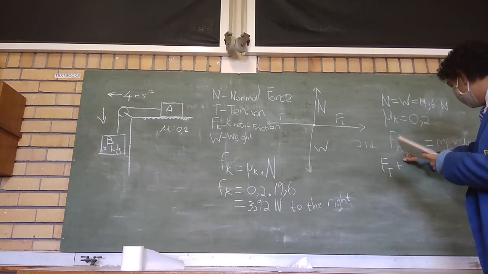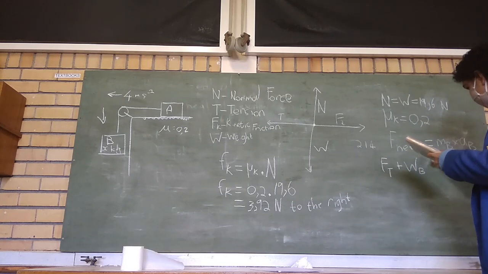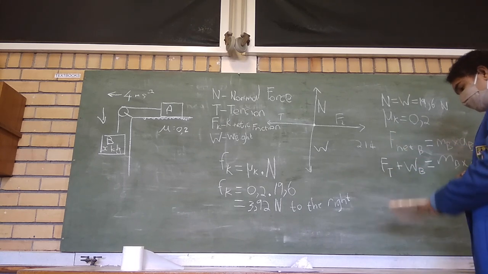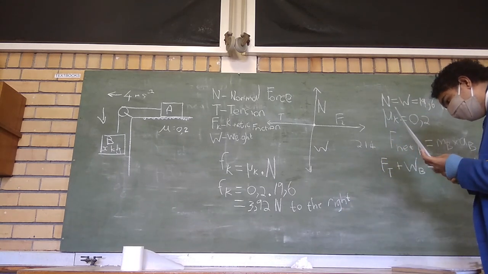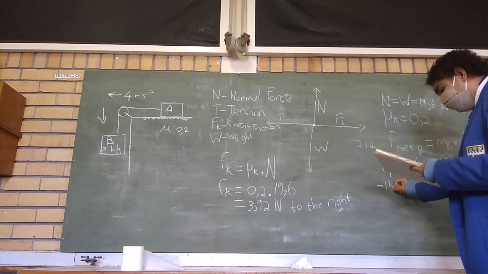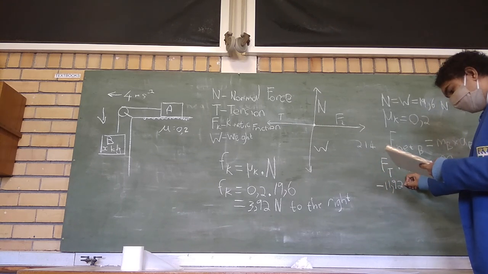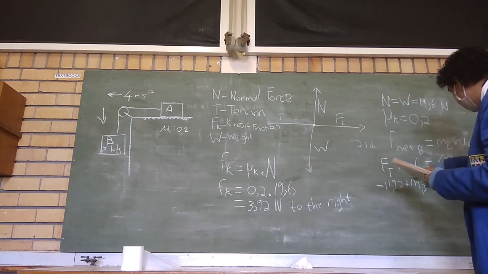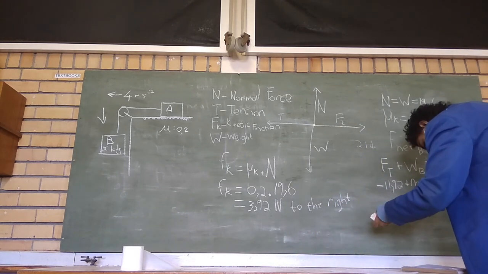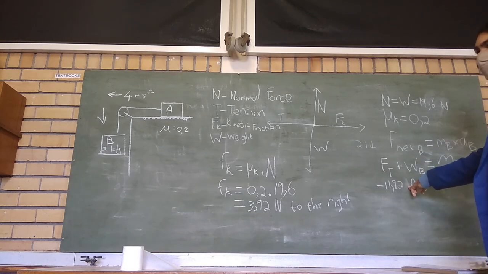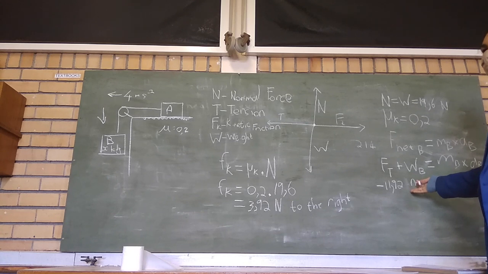That's the force of tension plus the force of weight of B equals the mass of B times the acceleration of B. So do I have to make the mass negative, or can it stay positive?